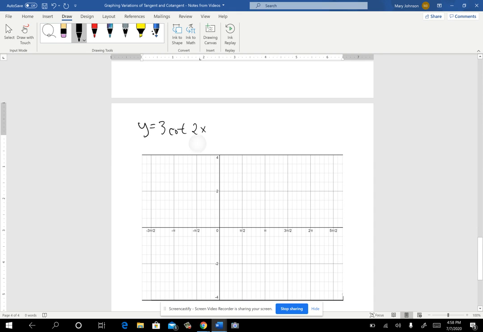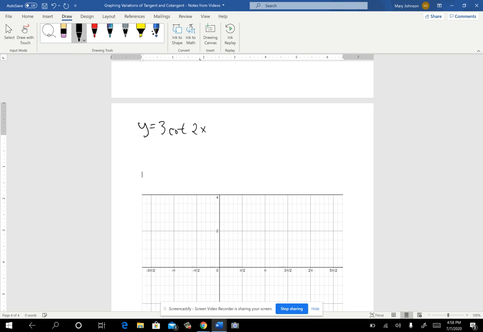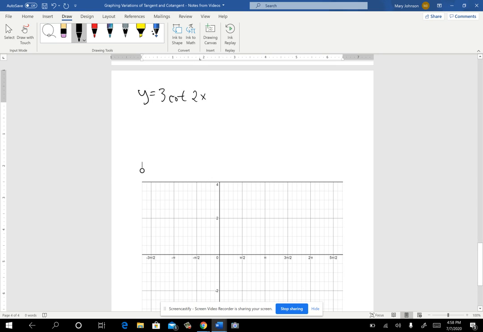So ultimately we're trying to graph 3 cotangent 2x. The 3 out in front is going to be a vertical stretch, so everything's going to be 3 times further away from the x-axis.